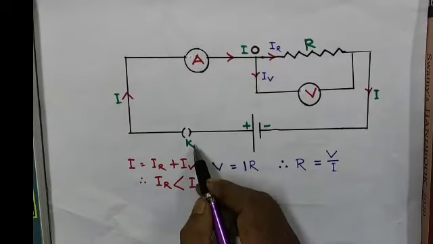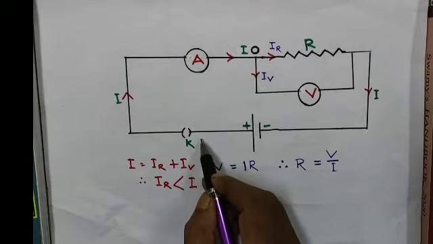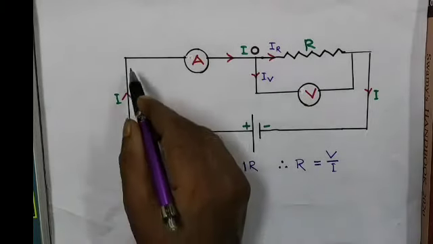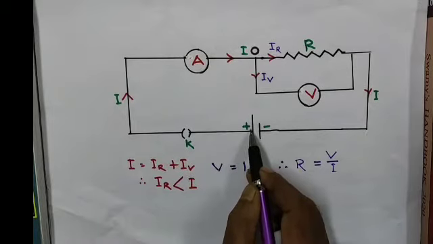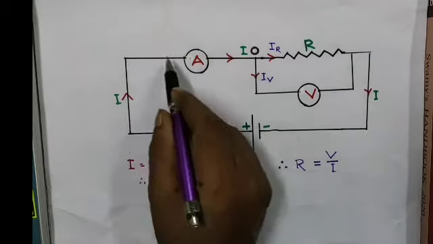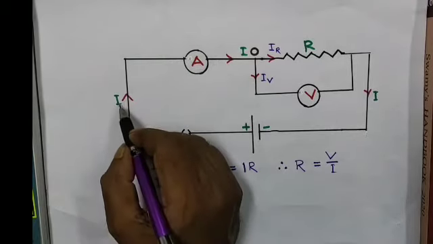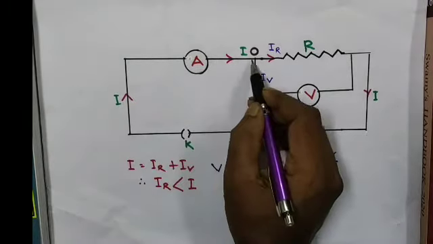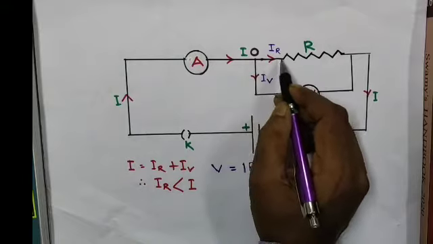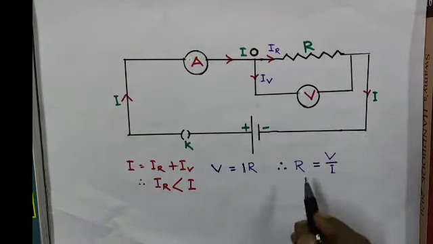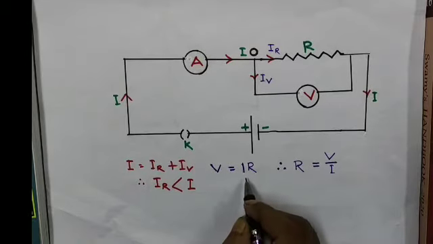Now if we switch on the circuit, the electricity will flow in this direction, that is from higher potential towards lower potential, and total current I flows through R and V. Then we can remember the mathematical form of Ohm's law.